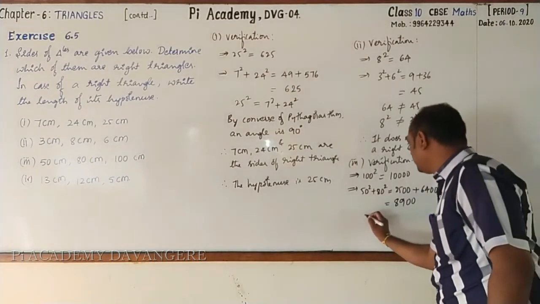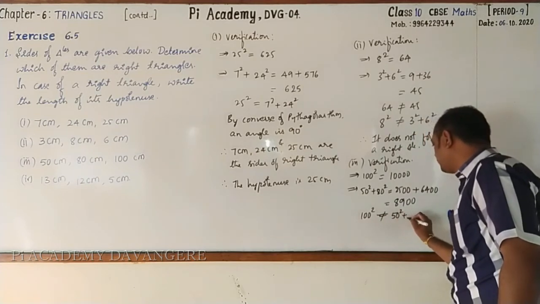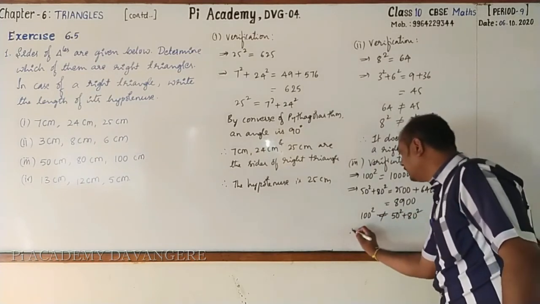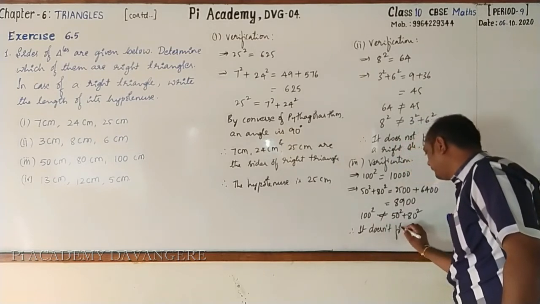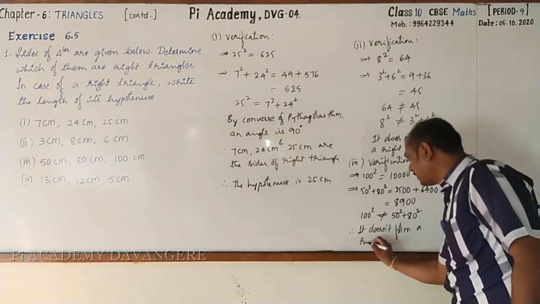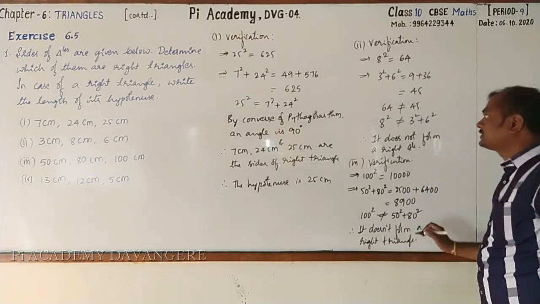No. We can write 100 square is not equal to 50 square plus 80 square. Therefore, it does not form a right triangle. Hope that you have written the same.